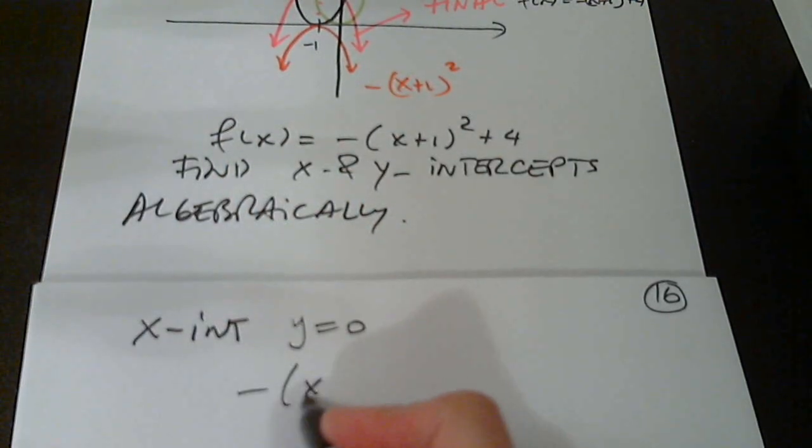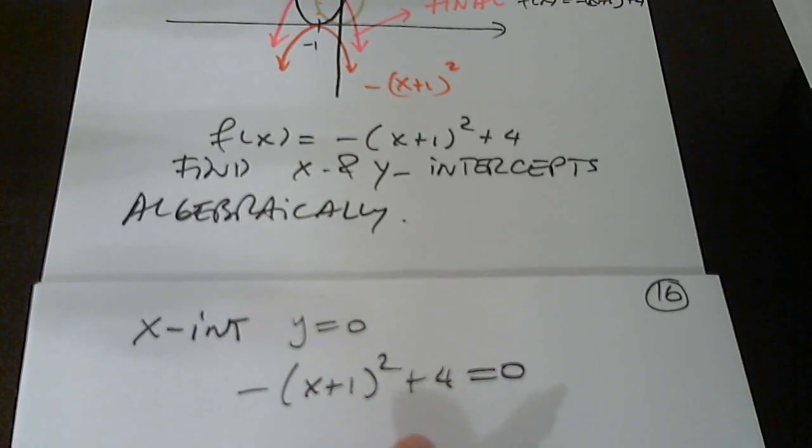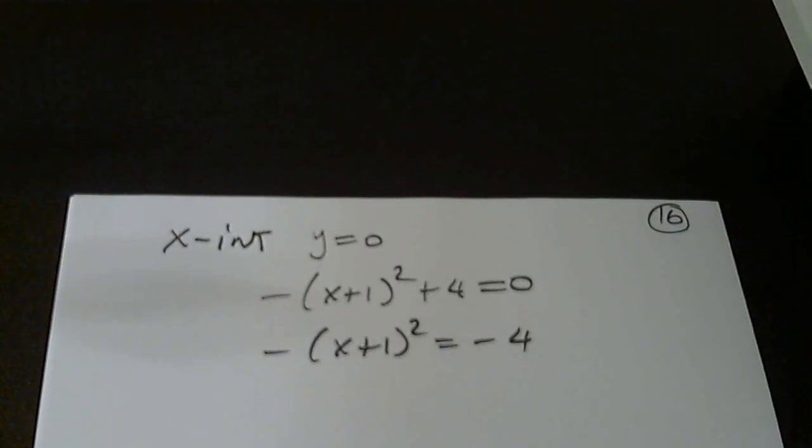So negative (x plus 1) squared plus 4 equals 0. We've done this before. How do I solve this for x? Subtract 4 from both sides. Yes, excellent. Good. Next step.